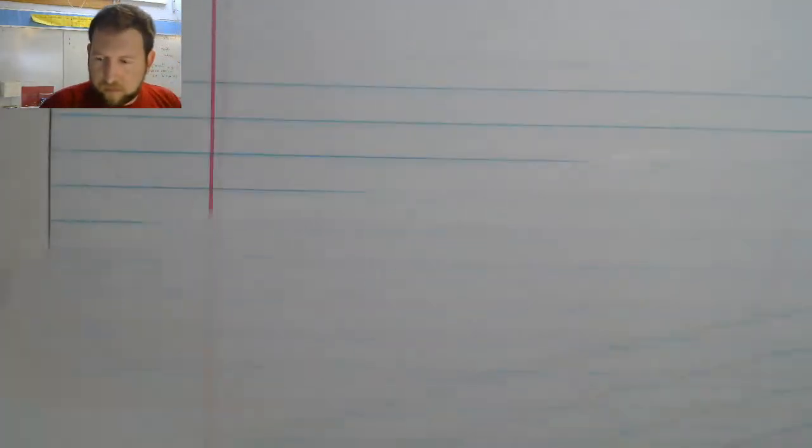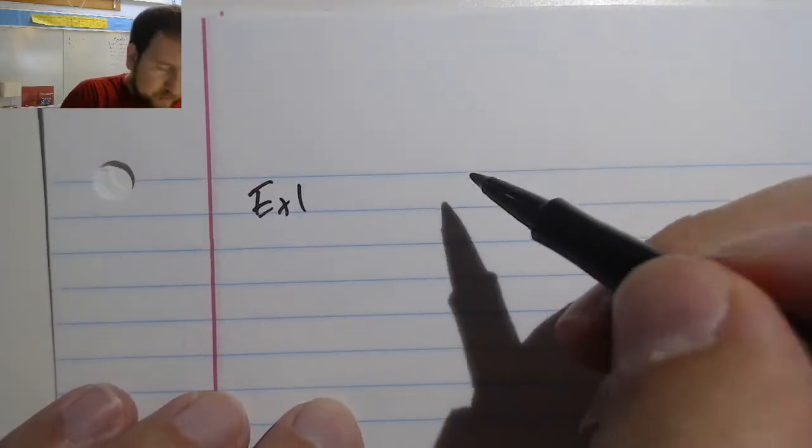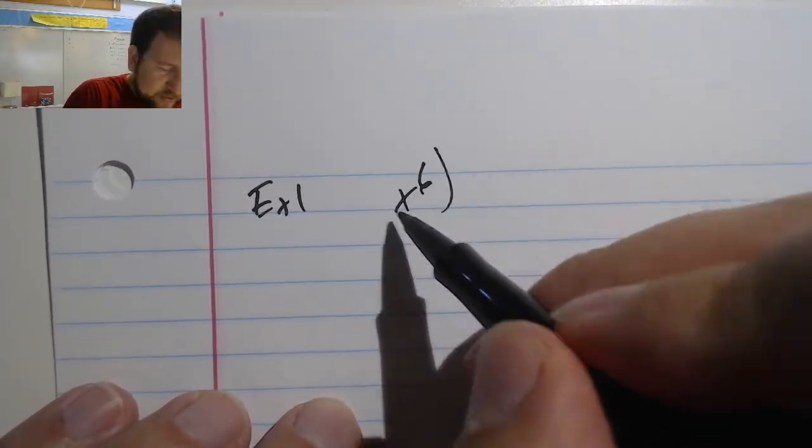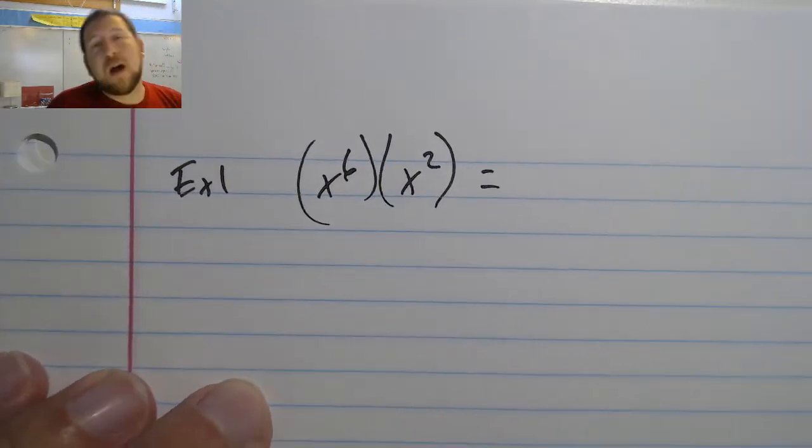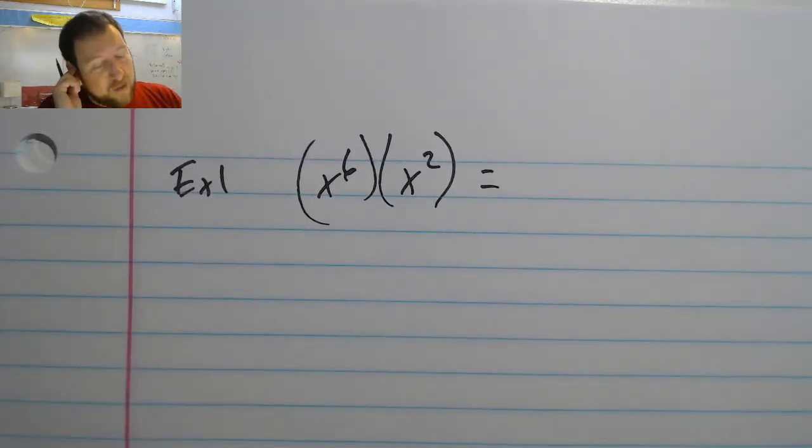Let me make sure I'm not missing anything else. Okay, example 1. Let's take a look at x to the 6th times x squared. Well, I know that I don't have parentheses here, so which rule am I going to be using?